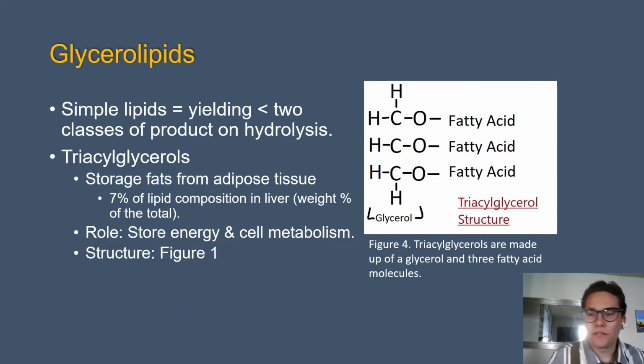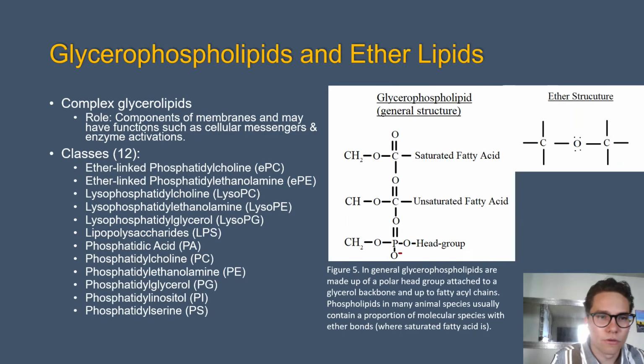Glycerolipids, commonly known as triglycerols, are what we're looking at, and their general structure is glycerol attached to 3 fatty acids. Glycerophospholipids are complex glycerolipids, and there are 12 classes of them. Again, you can see that the fatty acids are part of that structure.